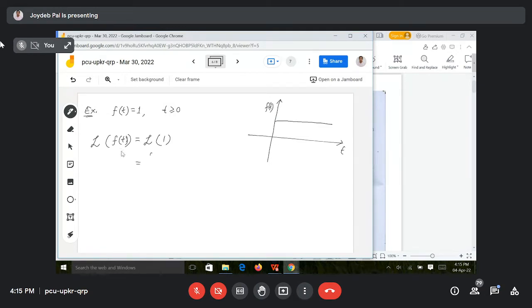According to the definition, it is 0 to infinity e to the power minus st into 1 dt, which equals, now you integrate it, simply e to the power minus st by minus s.